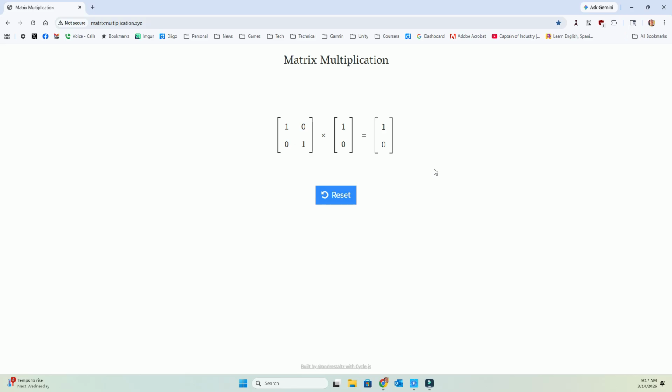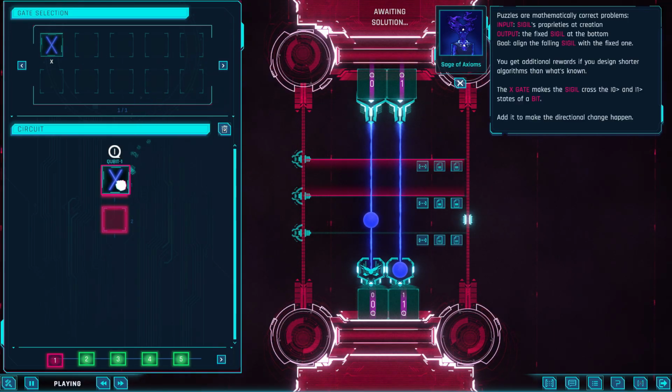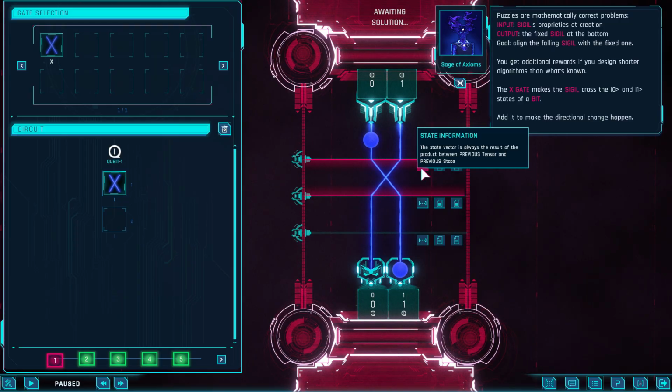So let's reset that and go back to the forge again and place the X gate, the Pauli-X gate, at the top of the forge. And take a look at this now.